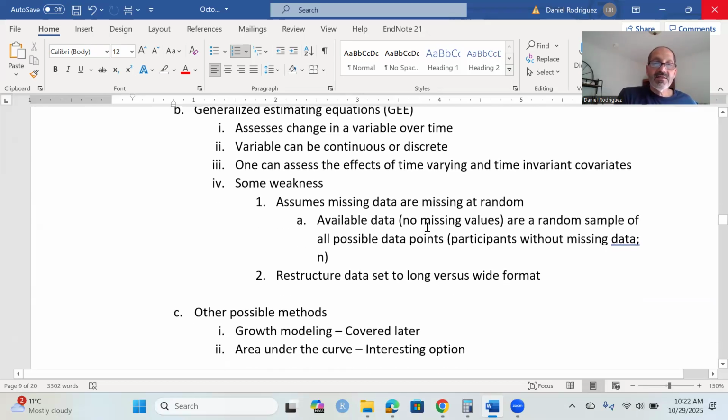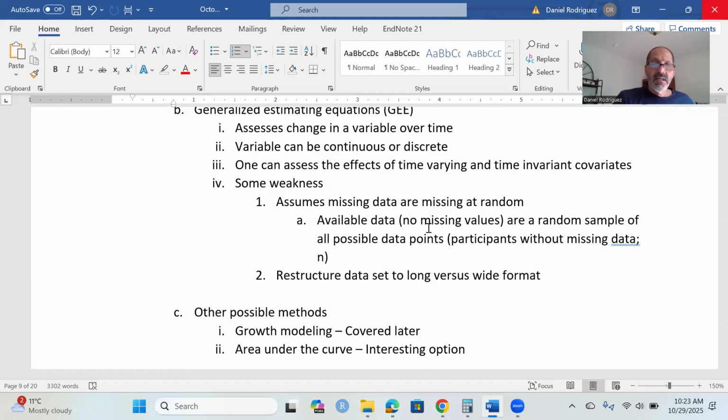Some weaknesses, it assumes missing data are missing at random. So that available data has no missing values. And if they have missing values, the data that you have is a random sample of the total data.